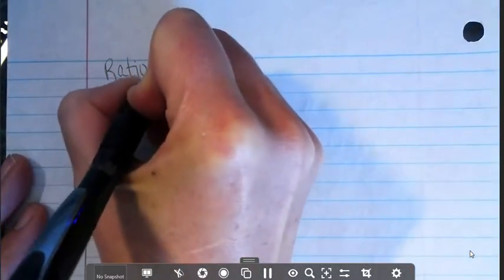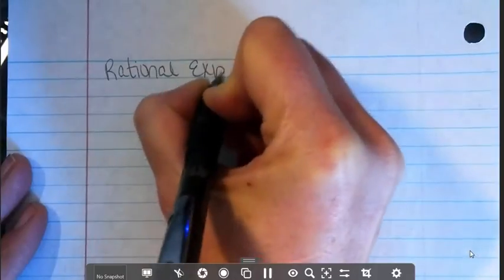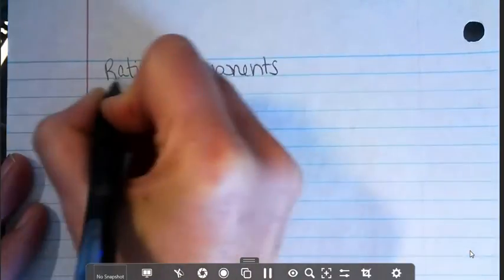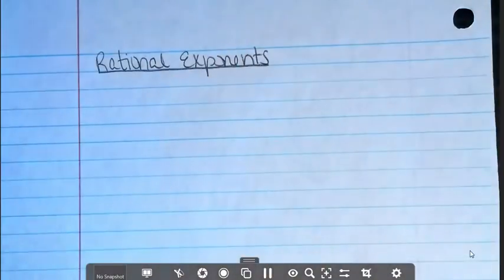So let's talk more about rational exponents, because this is probably the first time you've had to deal with these. We learned in the past some properties of exponents. I think that was last chapter. And so you're going to apply all these properties that you've already learned to rational exponents and to exponents of any type of power.